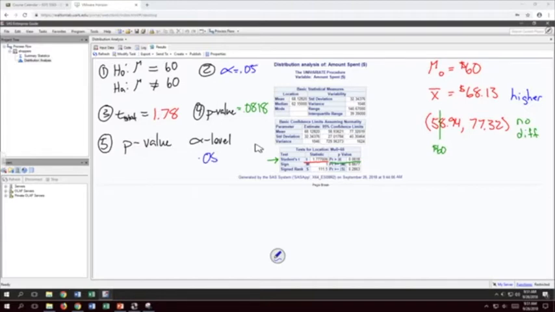We have an alpha level of 0.05, and we've got a p-value of 0.0818. Which one's bigger? Our p-value is greater than our alpha level. So what's our statistical conclusion? Fail to reject.